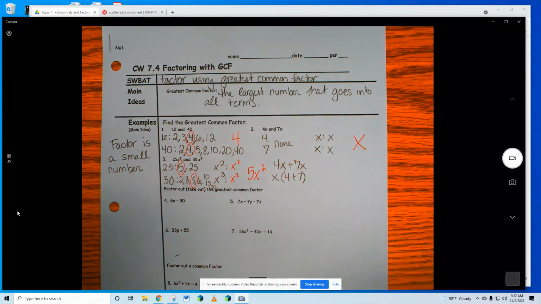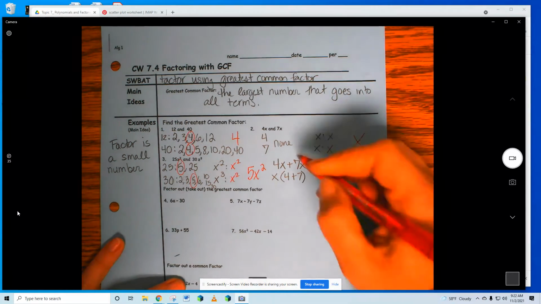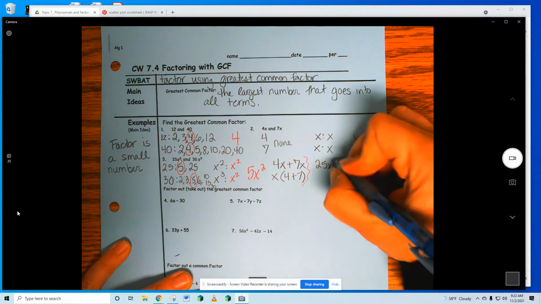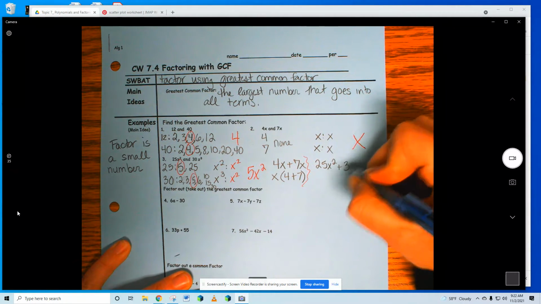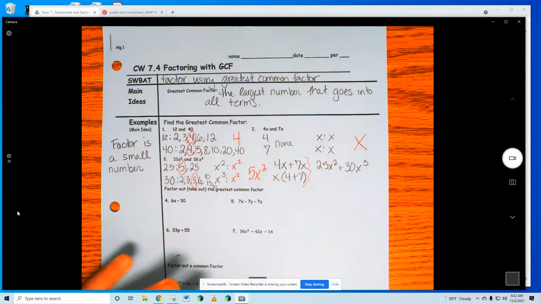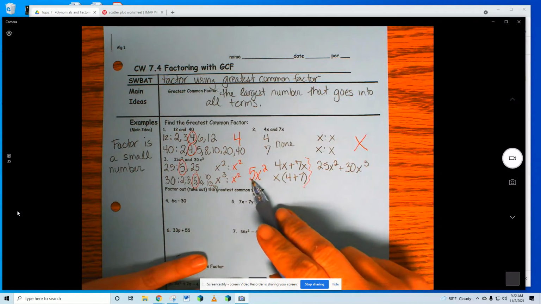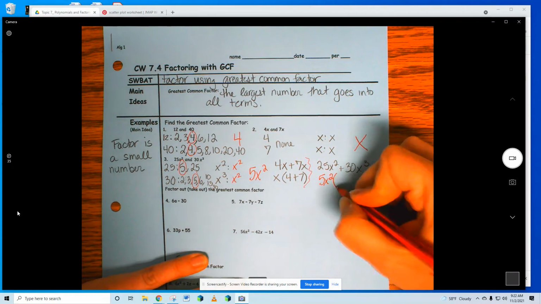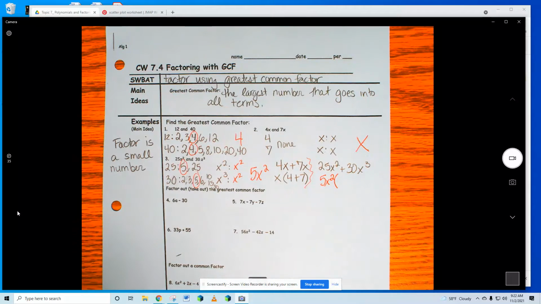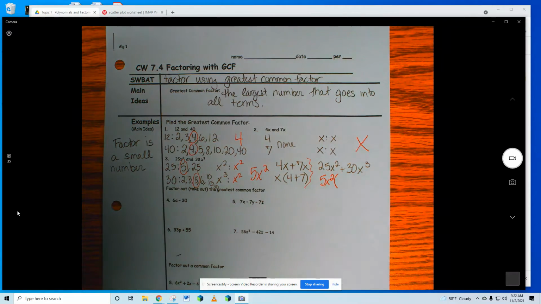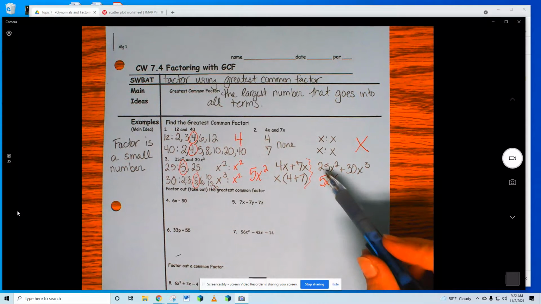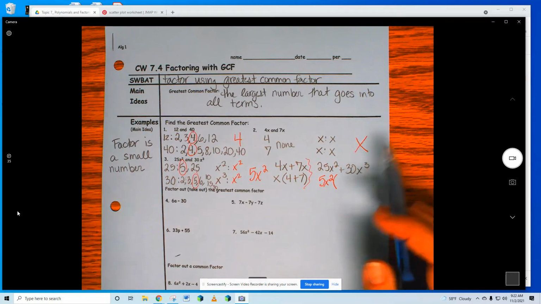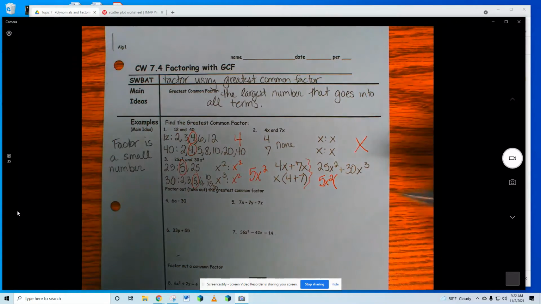Let me do it on the side of the paper. If I had 25x squared plus 30x cubed, I would take out a 5 and an x squared. And then I'd say, okay, what's left? What's 5 divided out of this 25? 25 divided by 5 is 5.